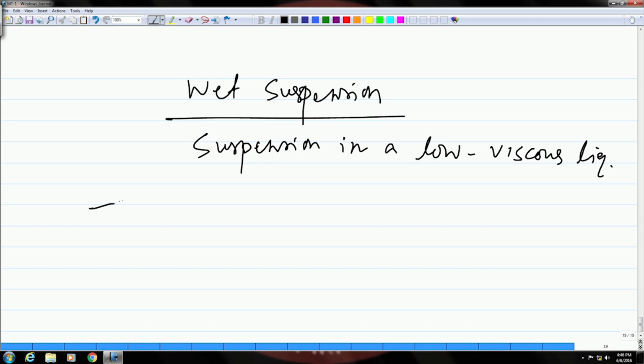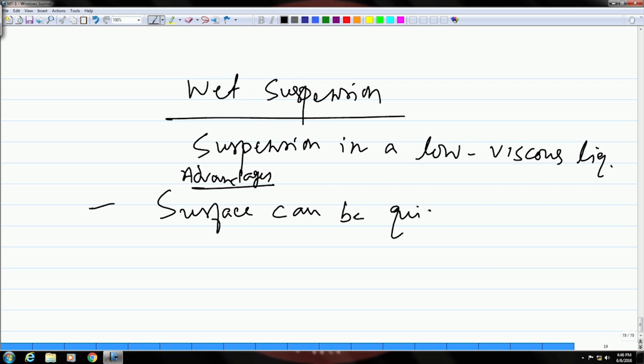For example, if you look at the advantages, the surface can be quickly and easily covered, because the liquid acts as the carrier, as I said, and provides mobility to the particles, and as a result the surface can be quickly and easily covered by the particles.